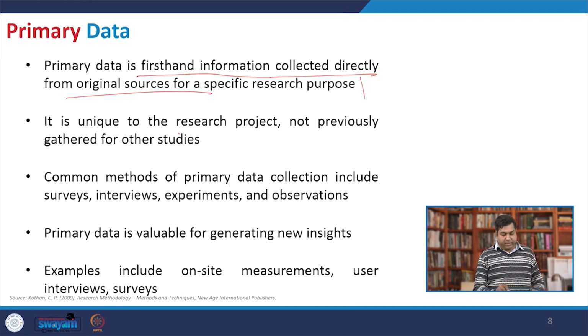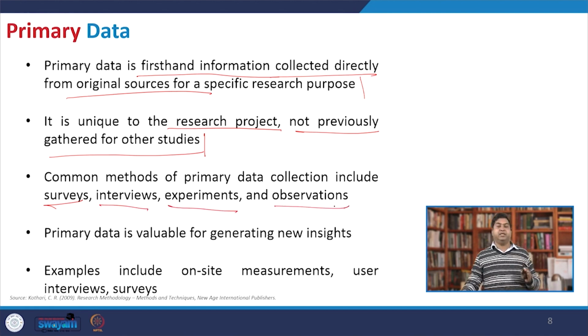It is unique to the research project, not previously gathered from another study. Common methods for primary data collection include surveys, interviews, experiments, observations. So the primary data collection can be qualitative or quantitative in nature.